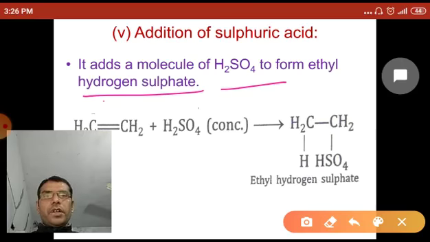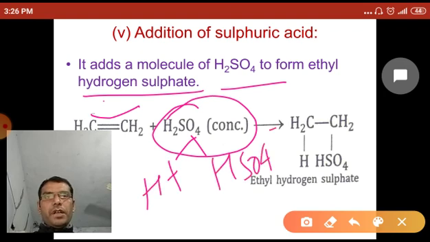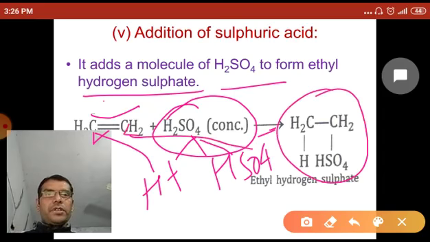When concentrated sulfuric acid is added to ethene, the H2SO4 breaks down into H+ and HSO4-. H+ combines with one carbon and HSO4- combines with the other carbon after breaking the double bond to form ethyl hydrogen sulfate.